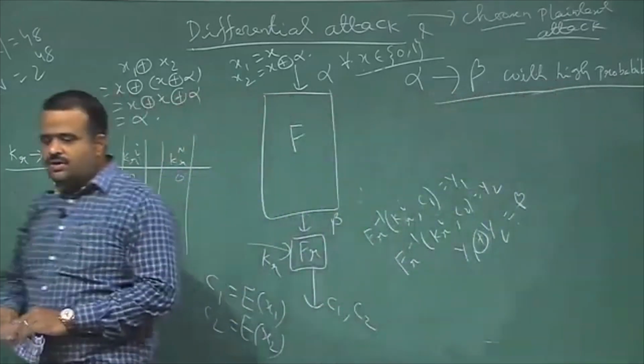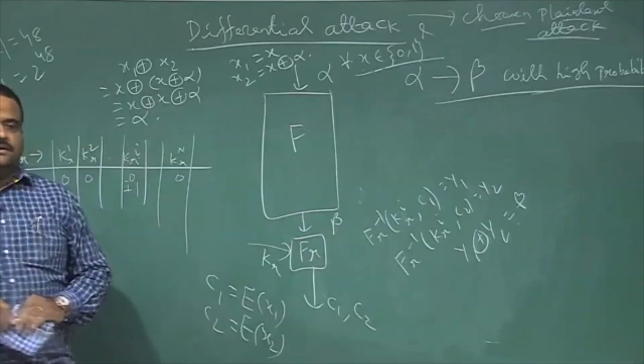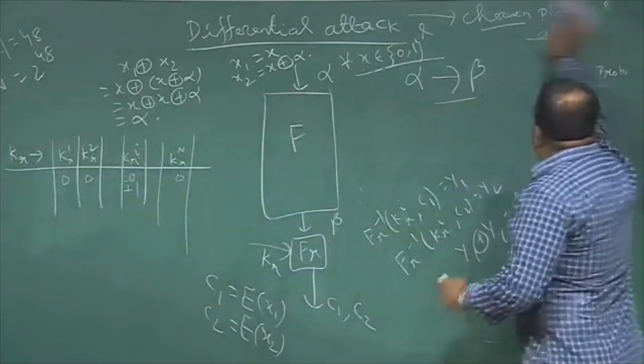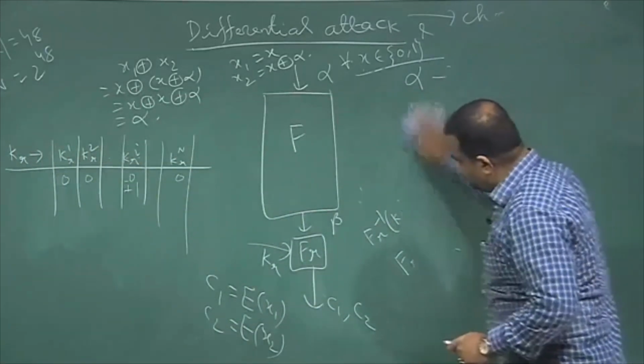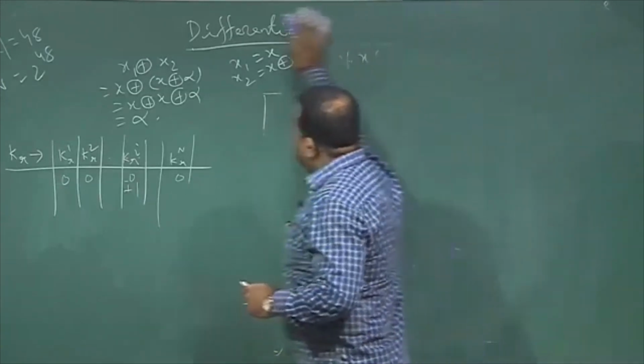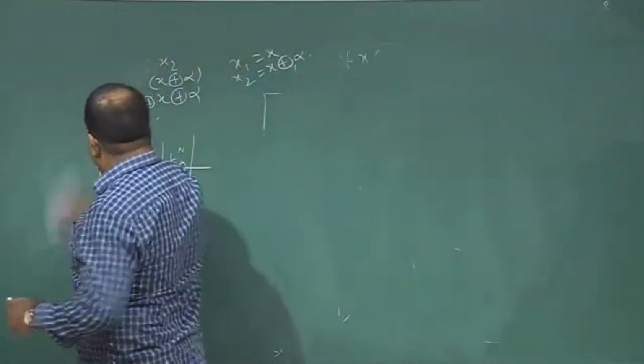Now the question is how we can find such alpha and beta. For that, let us look at some simple block cipher to find alpha and beta. Maybe we can try an S box.